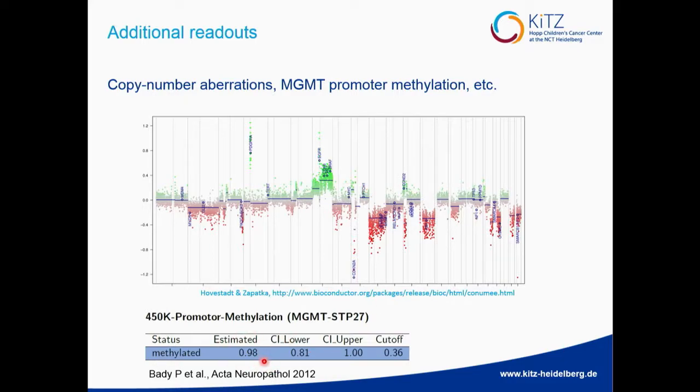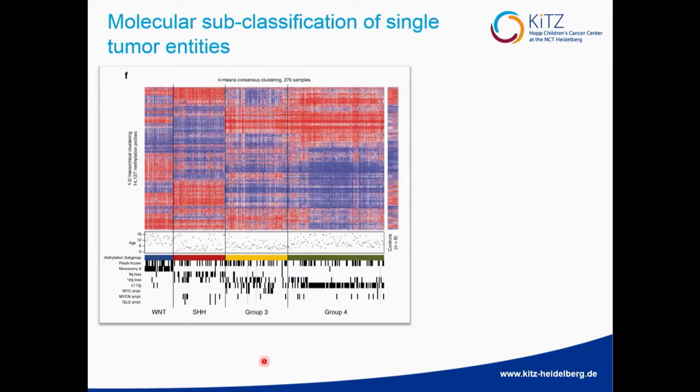One more thing that we can read out from these arrays is basically MGMT methylation status, which obviously is something that is inherently represented on these arrays, which is very frequently being used as a predictive marker for response to alkylating chemotherapy for brain tumor patients.